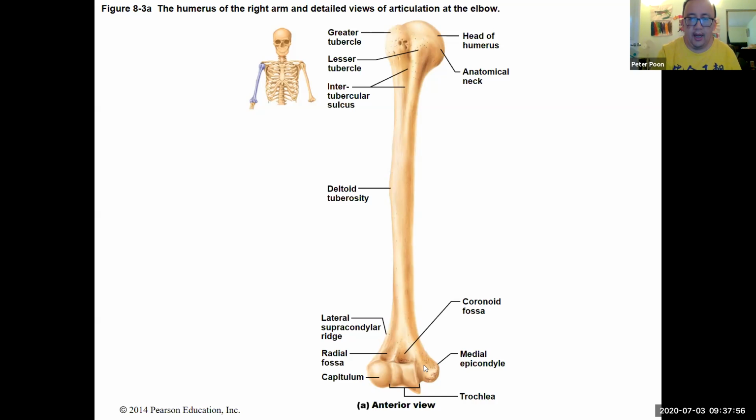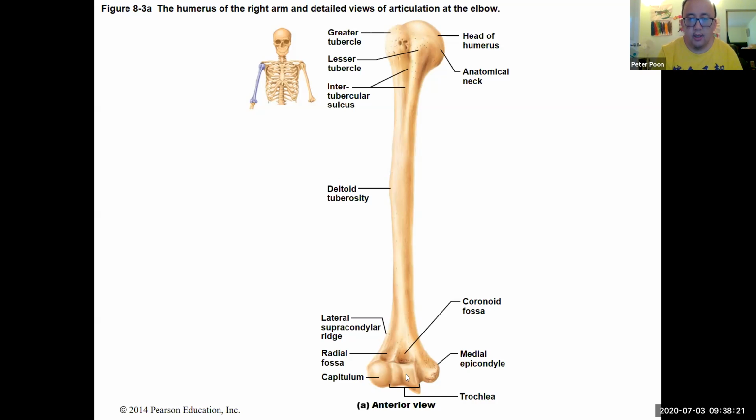A condyle is a curved surface, like this right here. An epicondyle, epi meaning above, is that big bump of bone above the condyle.